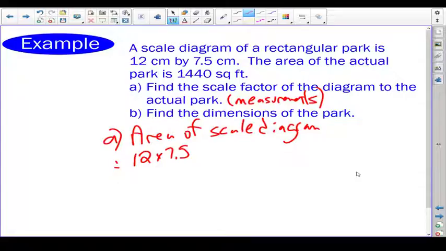We're going to have to divide this by 2.54 and divide this by 2.54 to find the area in square inches. So what is 12 divided by 2.54 times 7.5 divided by 2.54? That'll give us the answer in square inches. 4.72 is our final answer.